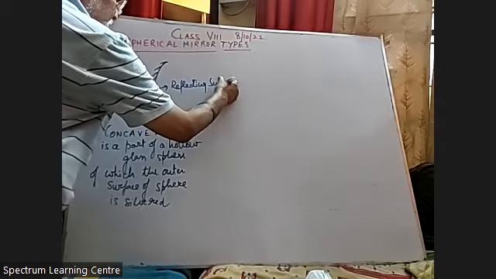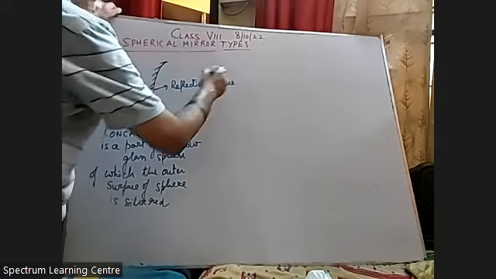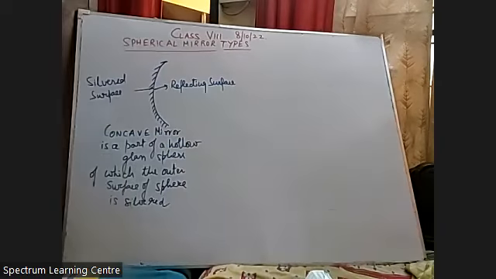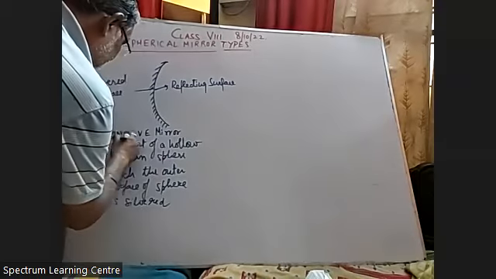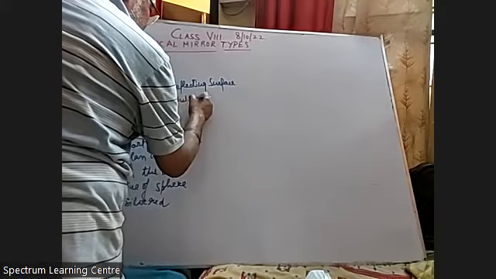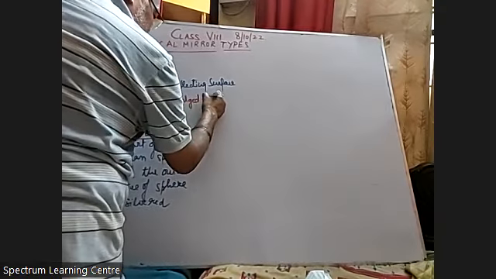Since this is opaque, definitely this becomes the reflecting surface. Remember, the reflecting surface of a concave mirror is bulged in.